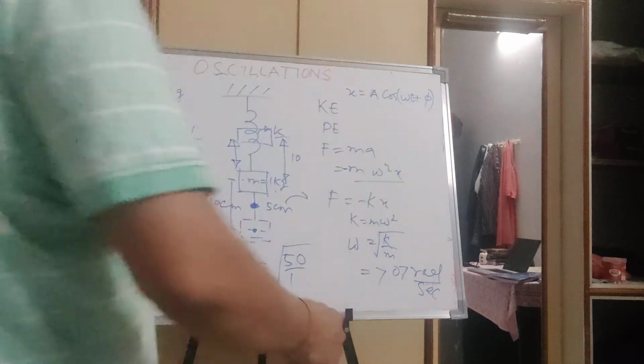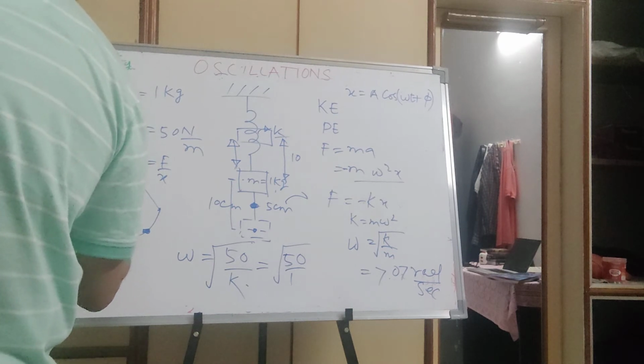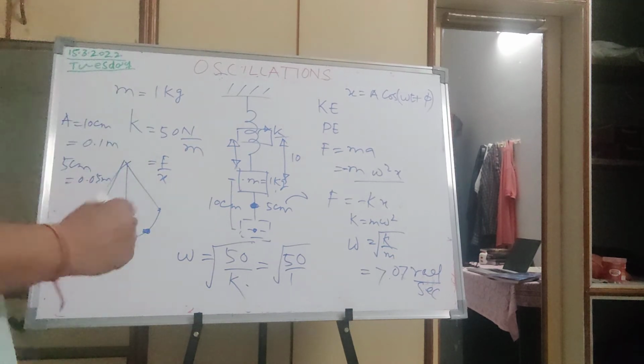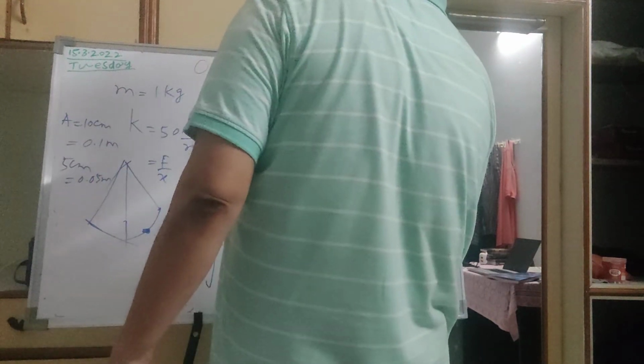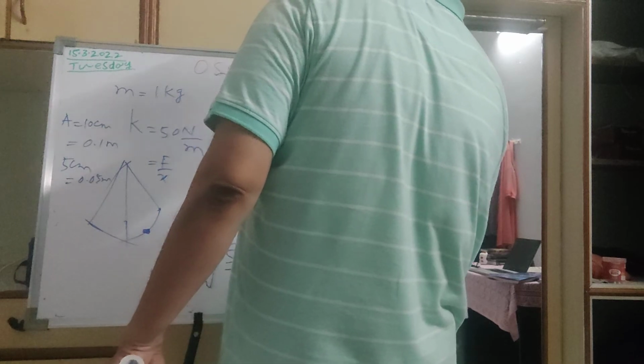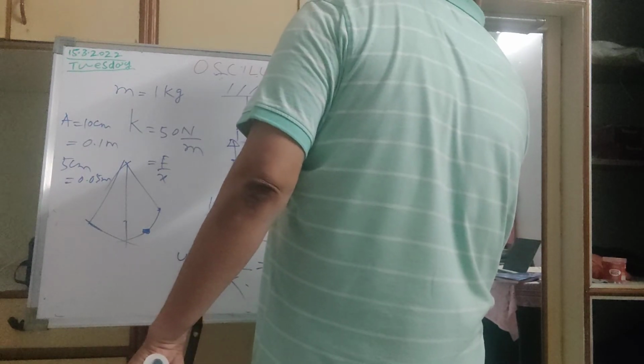When the particle is 5 cm away, that means your displacement is 5 by 100, which is 0.05 meter, right? So 0.05 is equal to 0.1 into cos omega t.